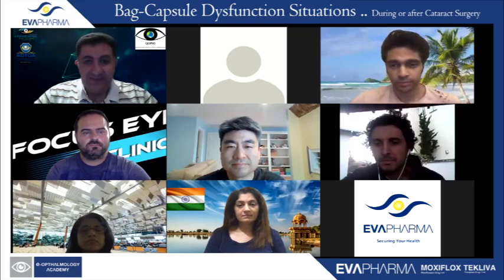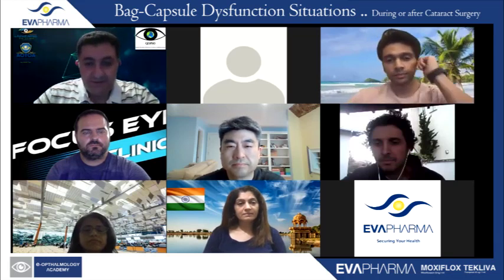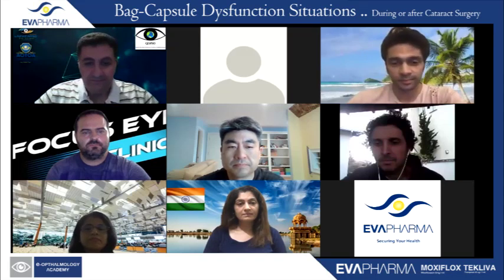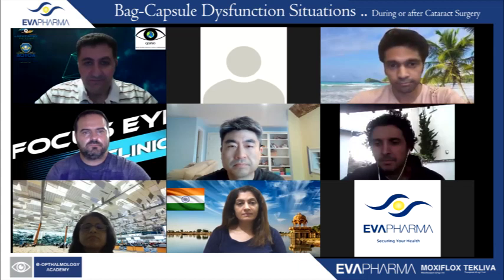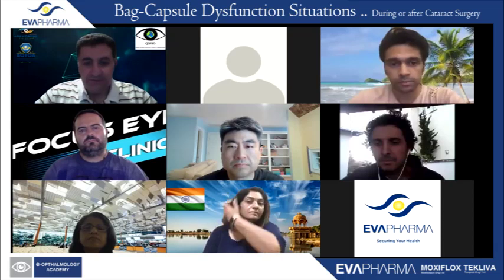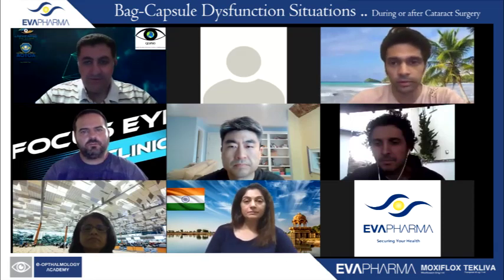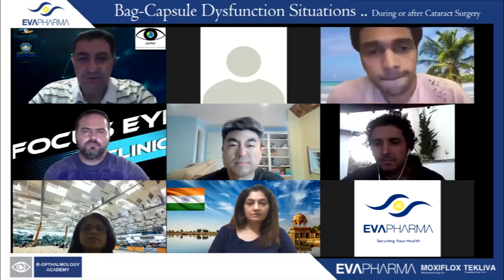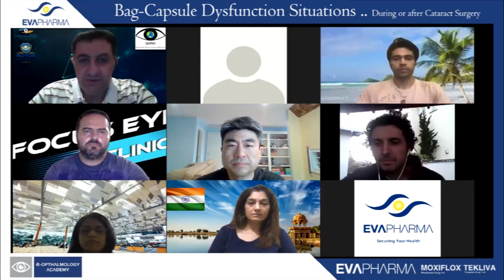Okay, the second poll. You are seeing the poll now? No, it disappeared. Ah, yeah, it is. So what is your technique in anterior vitrectomy when there is a PCR and vitreous loss? Pars plana vitrectomy, anterior approach, or according to the case?